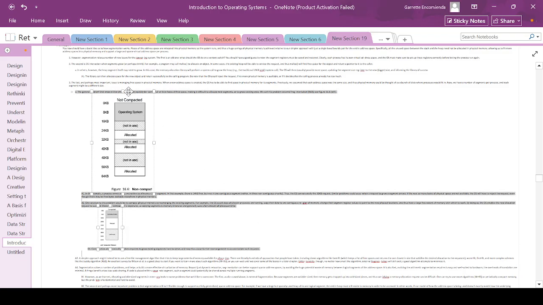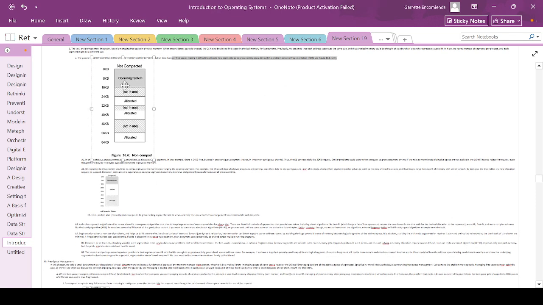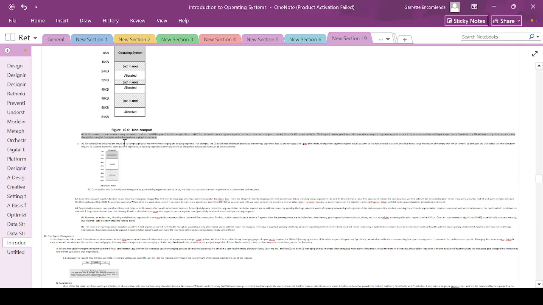The general problem that arises is that physical memory quickly becomes full of little holes of free space, making it difficult to allocate new segments or to grow existing ones. We call this problem external fragmentation. So in this example, a process comes along and wishes to allocate 20 kilobytes.